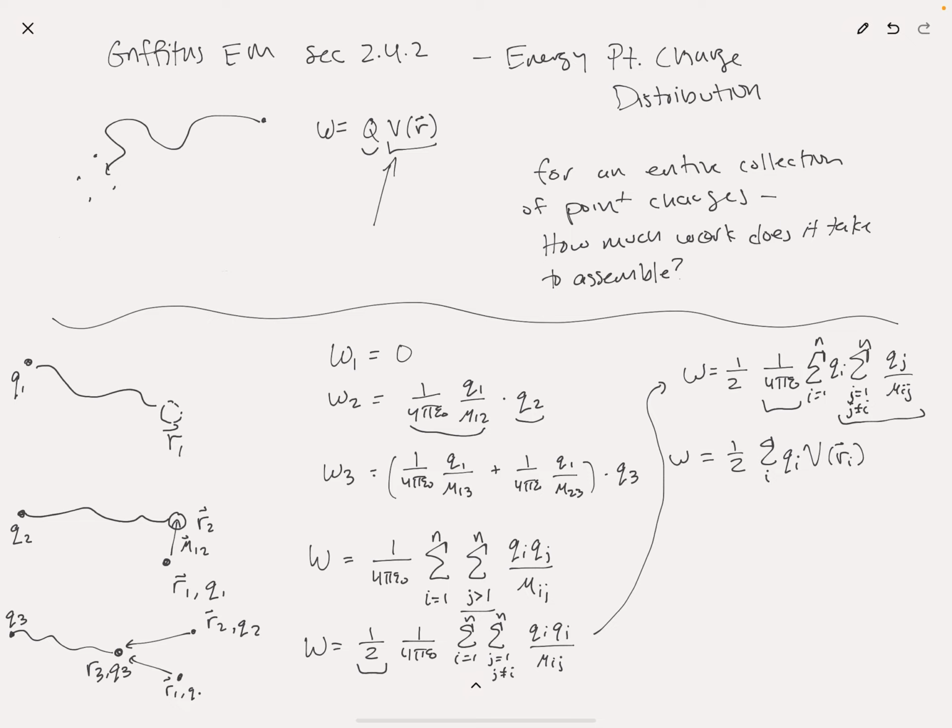We created a nice closed form of that, which turns out to be related to all of the charges and the potential at those points. It looks very similar to this expression here. It's not quite the same, but it looks pretty close.